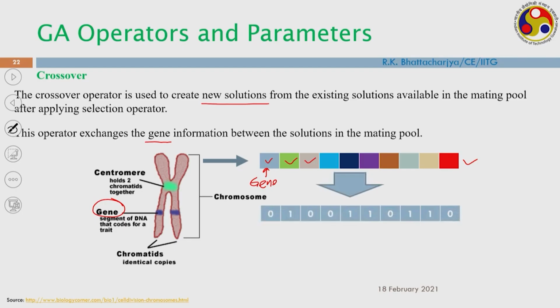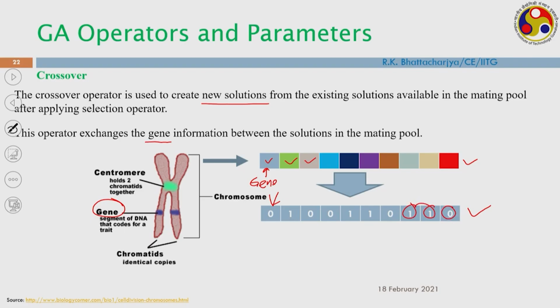I can convert whatever solution I have to binary bits. Once you convert the solution to binary bits, each bit acts as a gene, and altogether this is a chromosome. These gene values bear the characteristics of that particular solution.